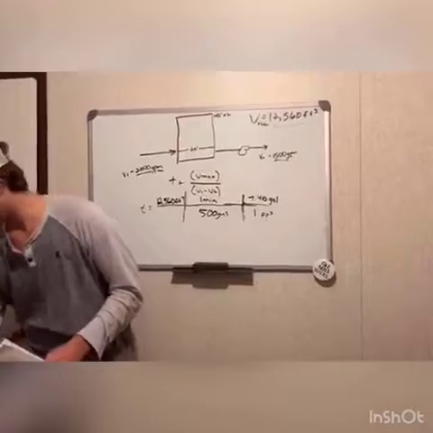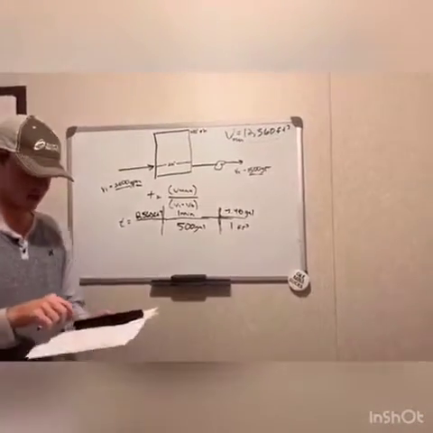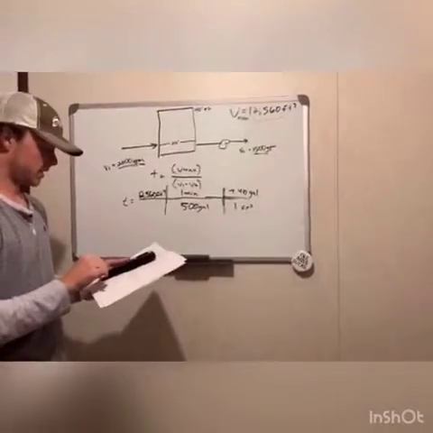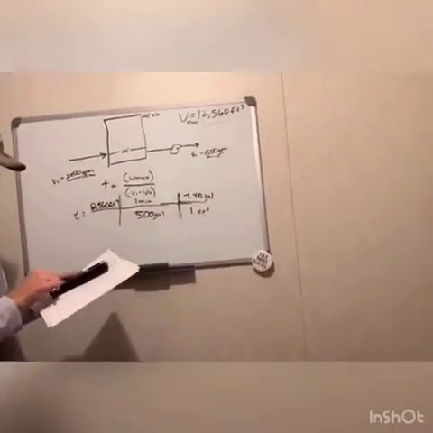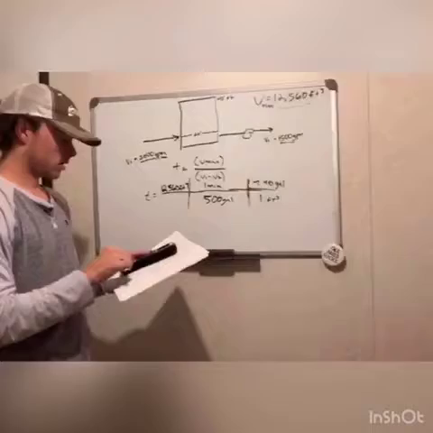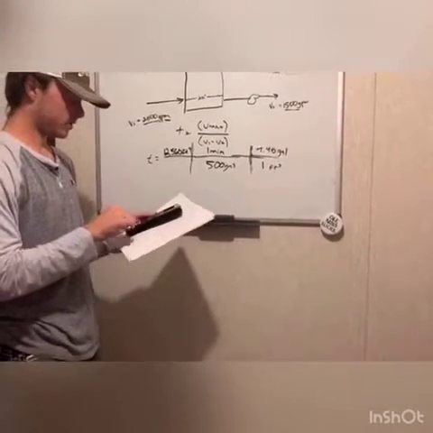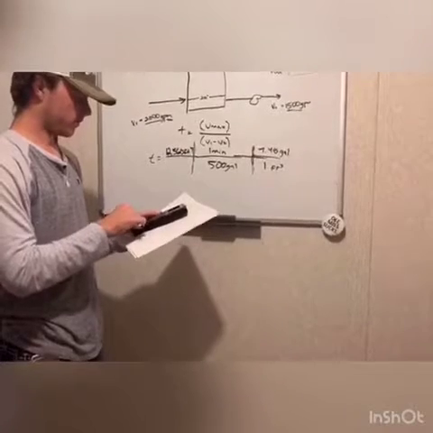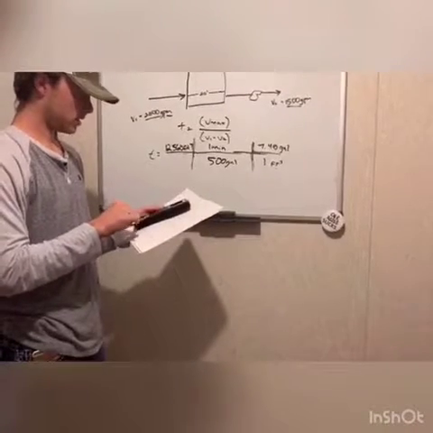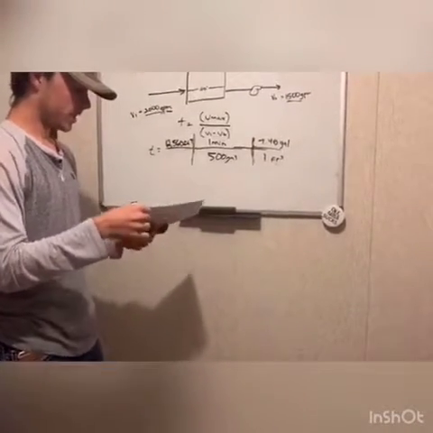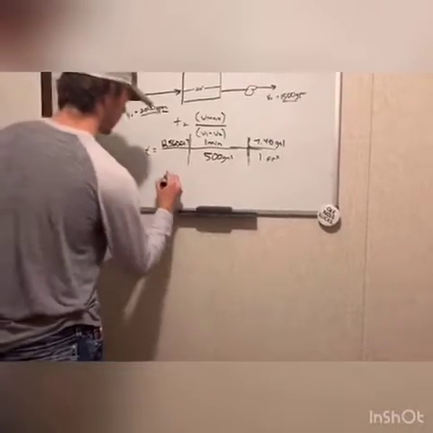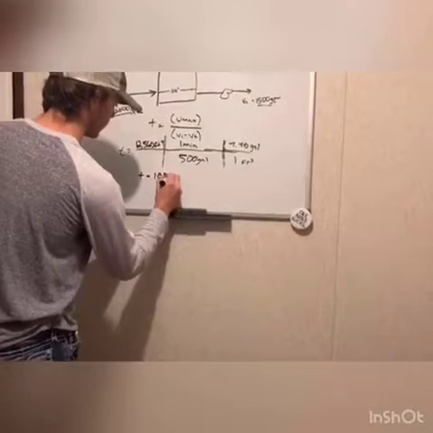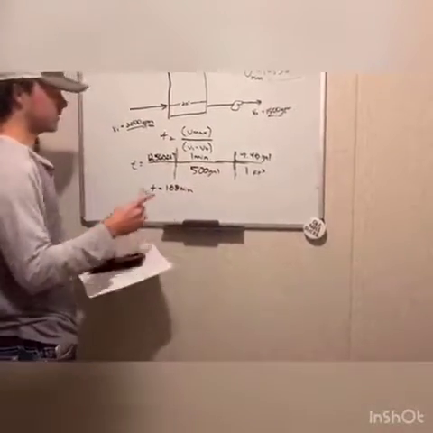So you get a calculator and do this math: 12,560 divided by 500 times 7.48, and that equals t equals 188 minutes.